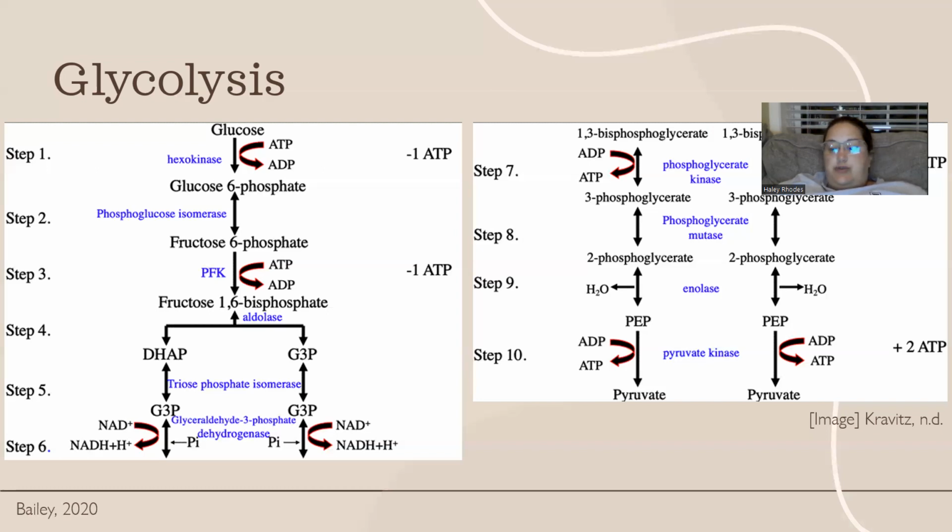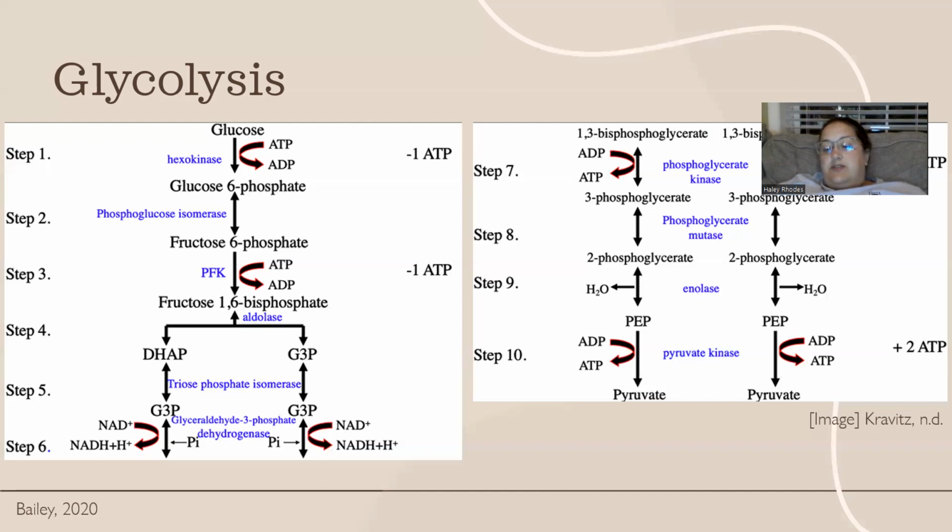So next on to step 4, which is what we're going to focus on in glycolysis, and then we'll come back and talk about it in gluconeogenesis. We'll see that aldolase is going to split the fructose 1,6-bisphosphate molecule into dihydroxyacetone phosphate, or DHAP, and glyceraldehyde 3-phosphate, or G3P.